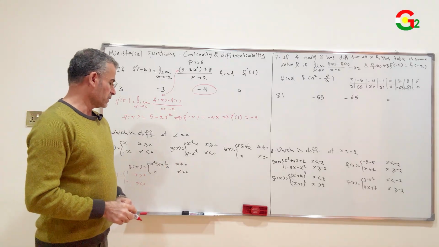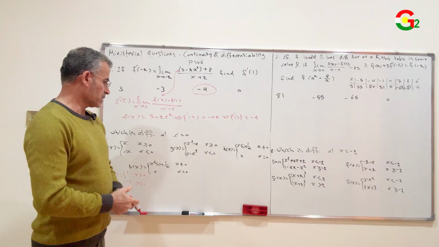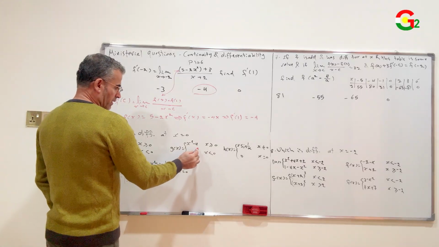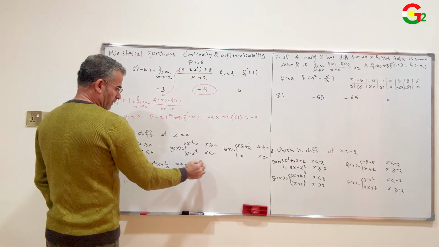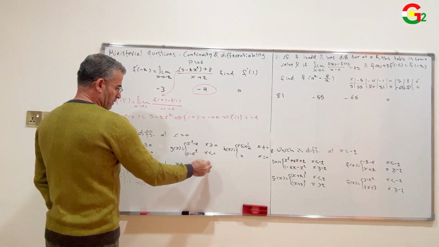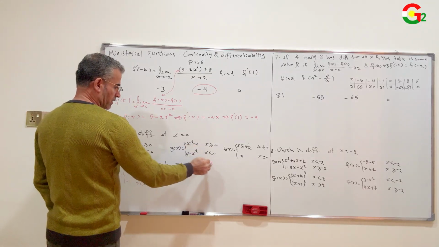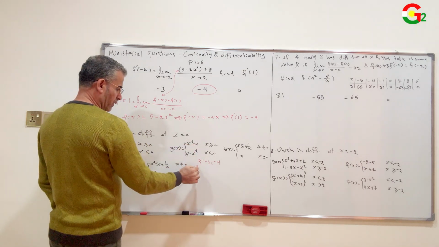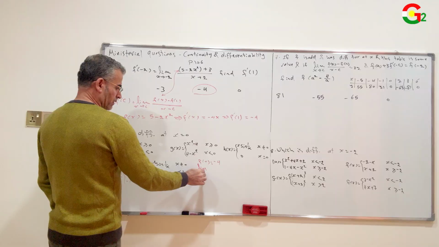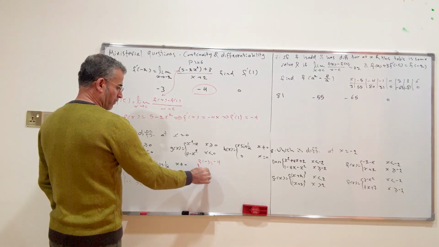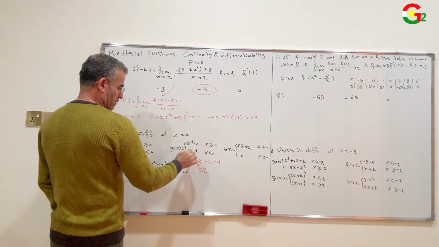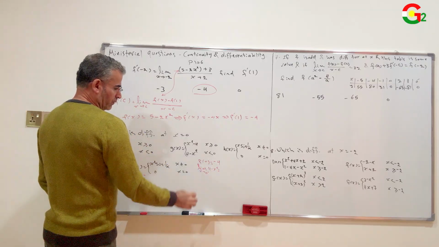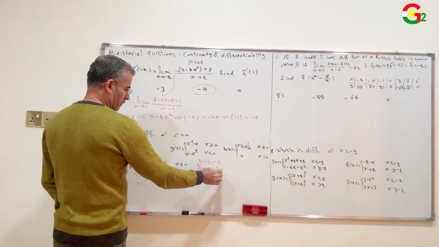For the second function, let us check the continuity. First, f of 0, substituting in this function, equals 0 squared minus 4, which is negative 4. The limit as x approaches 0 from the left, substituting in this segment, 4 minus x squared, equals 4 minus 0, which is 4.